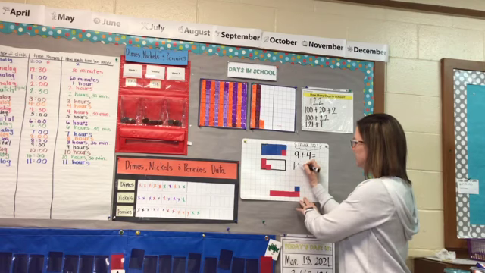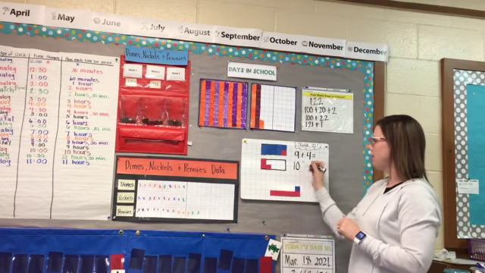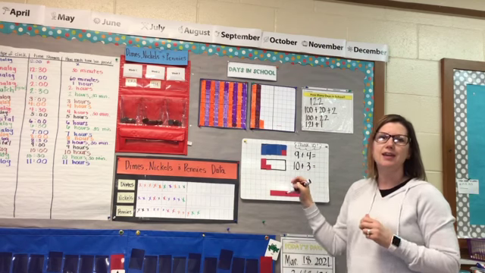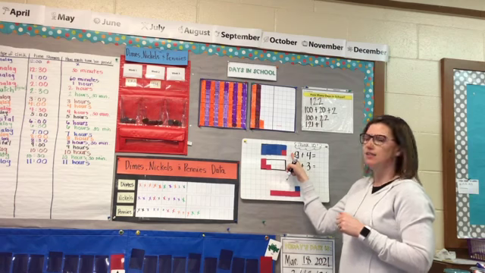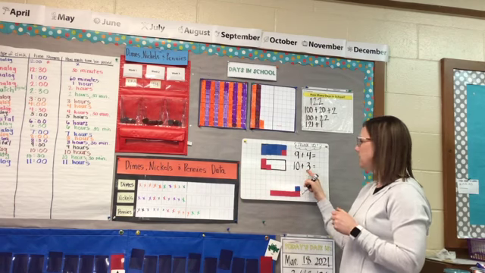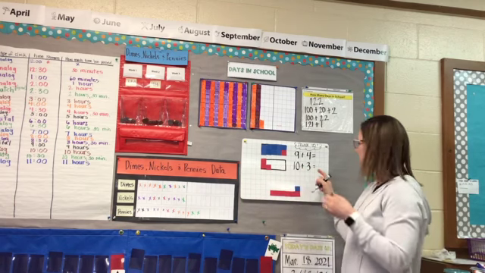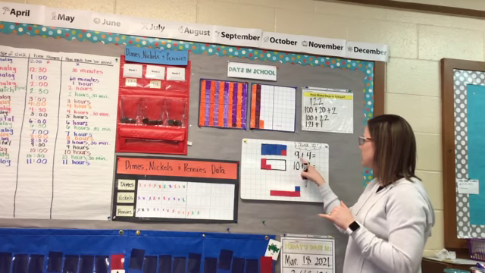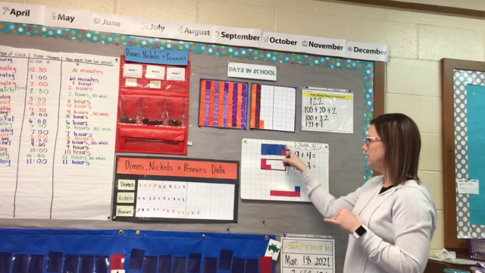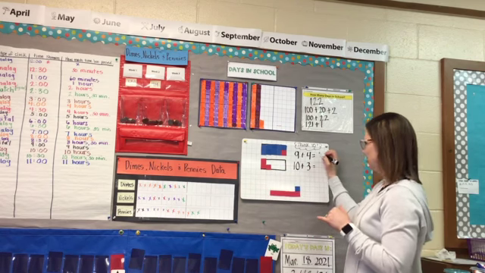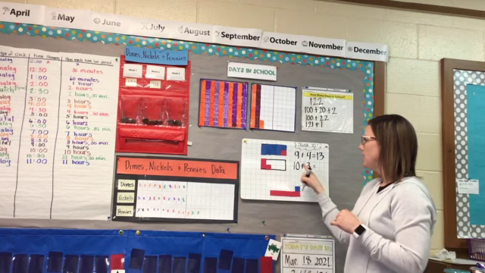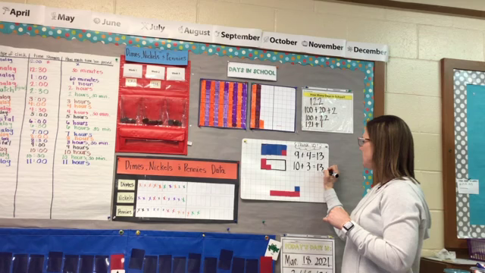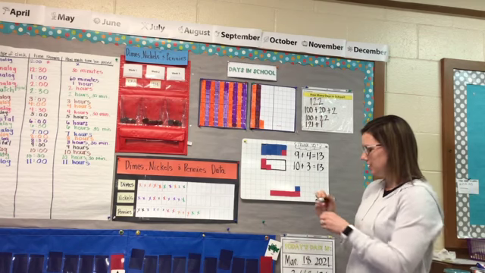Now I've made a 10 and I have 3 left. 10 plus 3 is easier to add than 9 plus 4, right? Because with that 10, we know we're just adding to the ones place. So 9 plus 4, 9, 10, 11, 12 equals 13. But 10 plus 3 also equals 13.